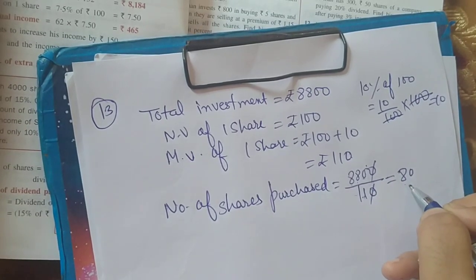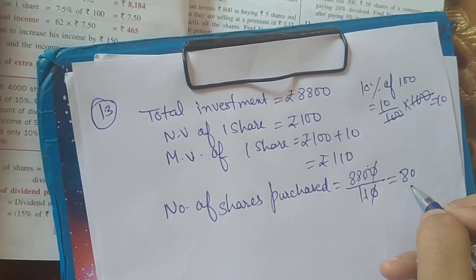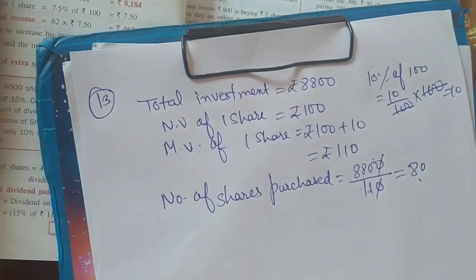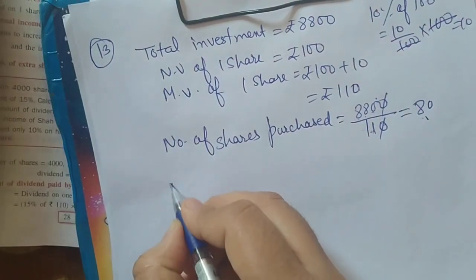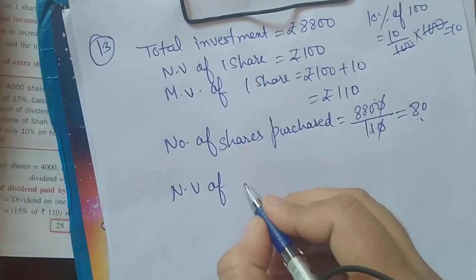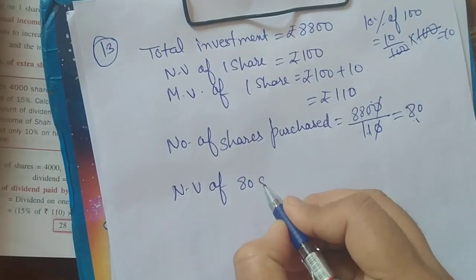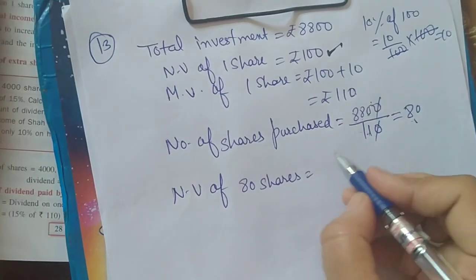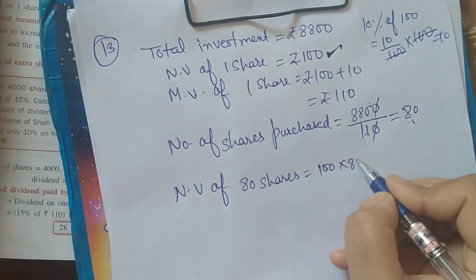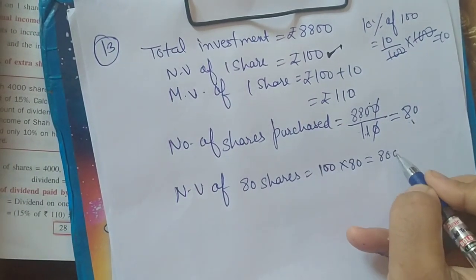So number of shares purchased is 80. Then we have to calculate the dividend. So nominal value of 80 shares, here nominal value was 100 rupees, so 100 multiplied by 80, it is 8000.